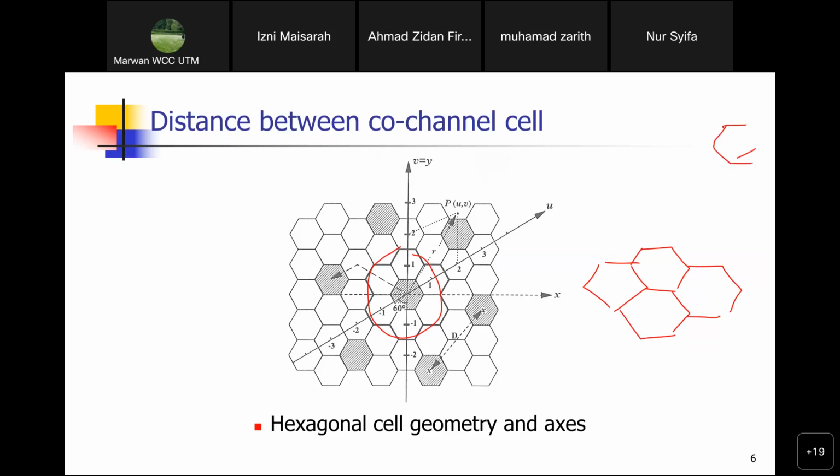When we do the analysis, we still see there are 6 co-channel cells around a cluster 4. There is still one more over here. There are 6, because we approximate our cluster to be a hexagon. So it doesn't really matter what cluster number. We will assume there are 6 around us that are going to impact our cell.